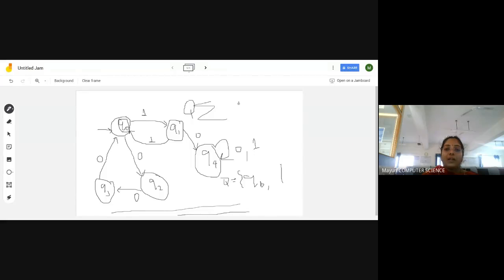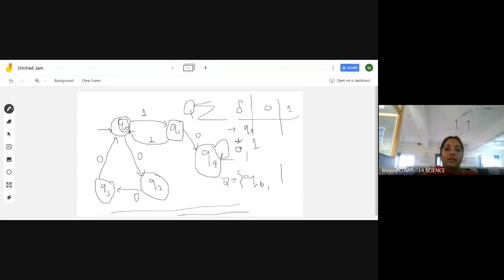Q, sigma, delta. When it comes to the transition table, you can write the transition table on the inputs. First column states. Mention the start state and final state with an arrow mark.